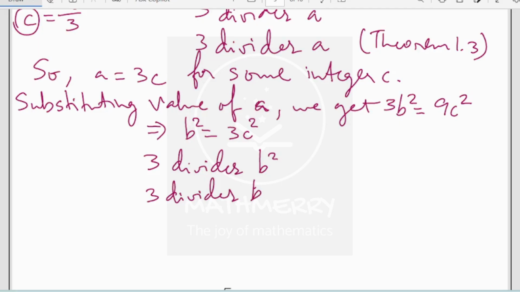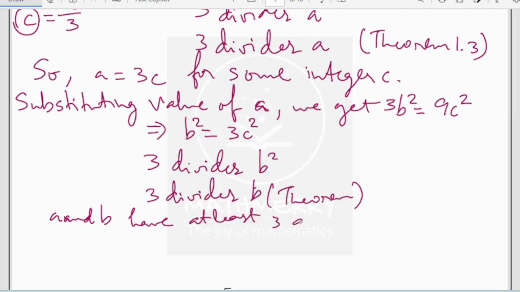So if 3 divides B square and 3 divides B by theorem, now what we can say? So that means 3 is a common factor between A and B, right? A is also divisible by 3 and B is also divisible by 3. Therefore, A and B have at least 3 as a common factor.